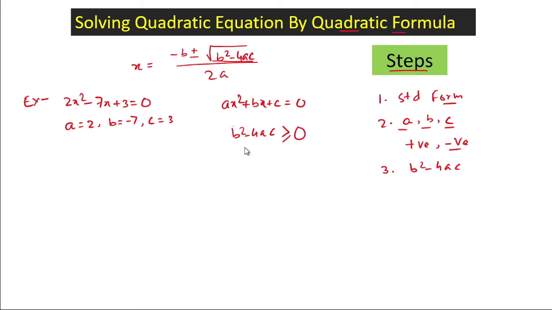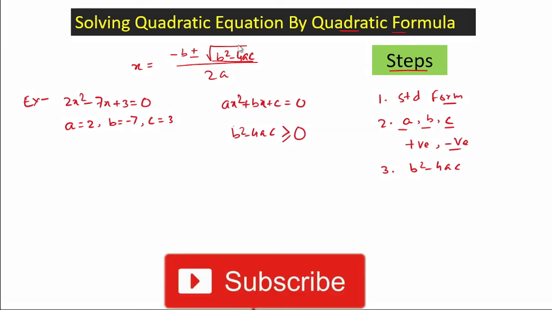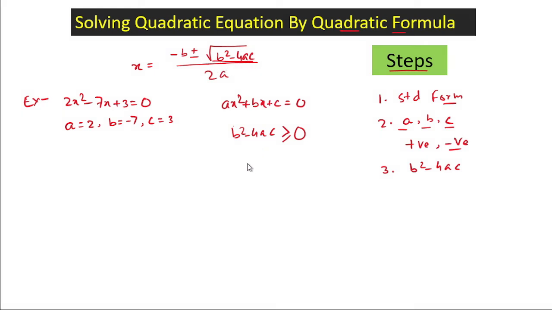Because if the value of b square minus 4ac is negative, we cannot take the square root of a negative number, as it is given under the root. So if the value comes less than 0, we cannot take its square root. If it is greater than or equal to 0, then we will go ahead. Otherwise it does not exist.